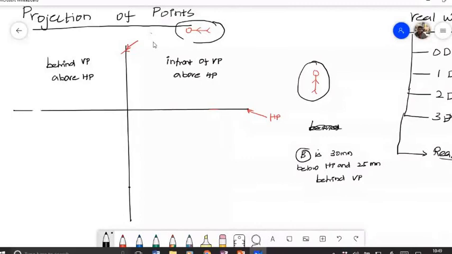For the fourth quadrant: below HP and in front of VP. For the third: behind VP and below HP. Okay, so this is how the positions are described. Let's see one. I'll write the question here.